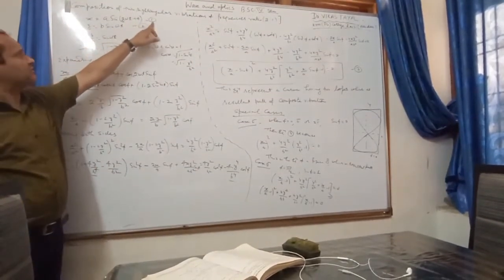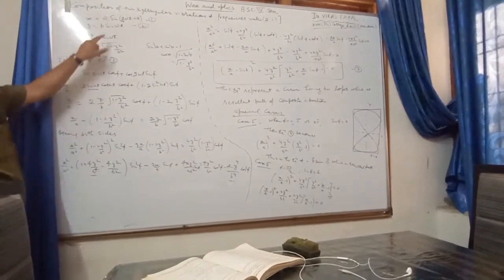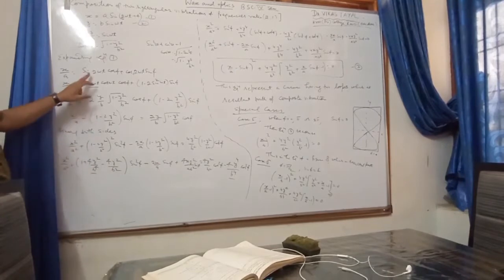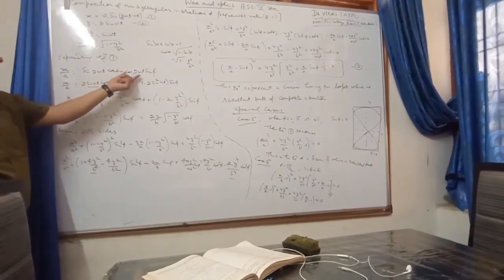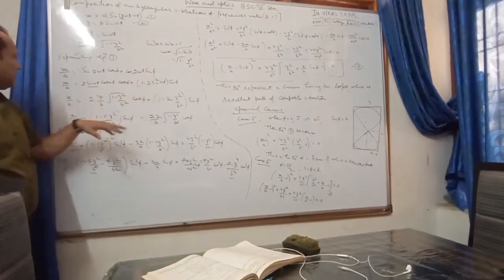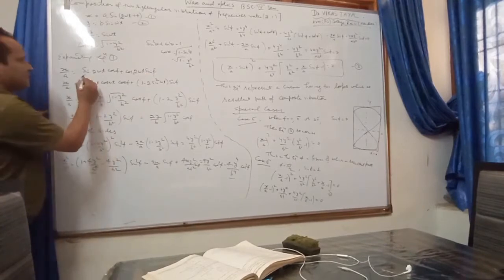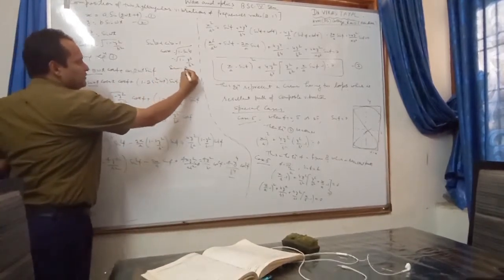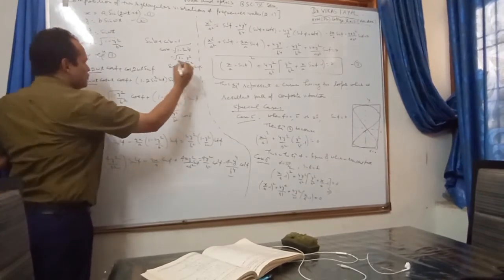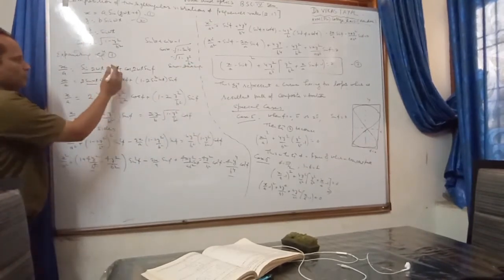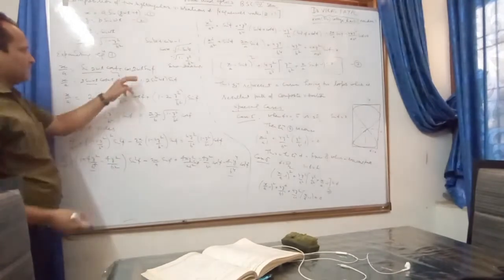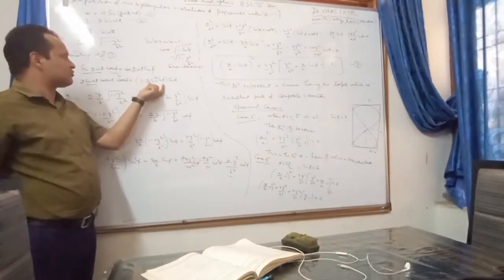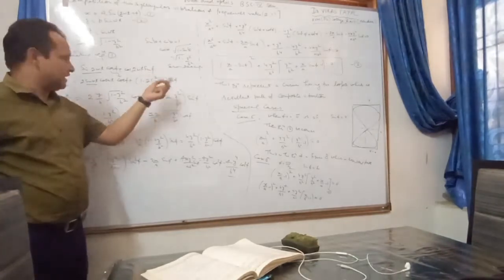Expanding again equation number 1, x upon a is equal to sin(A plus B), sin A cos B plus cos A sin B, that is sin 2 omega t cos phi plus cos 2 omega t sin phi. X upon a, again sin 2 omega t, this is the formula of sin 2A, 2 sin A into cos A, this will remain as it is, plus cos 2 omega t is the trigonometric formula 1 minus 2 sin square omega t, and sin phi is as it is.